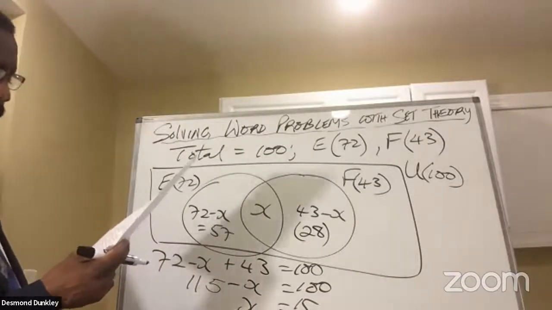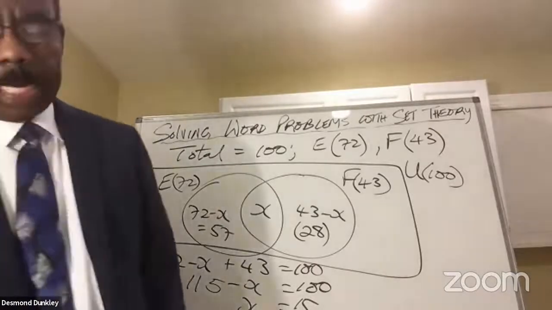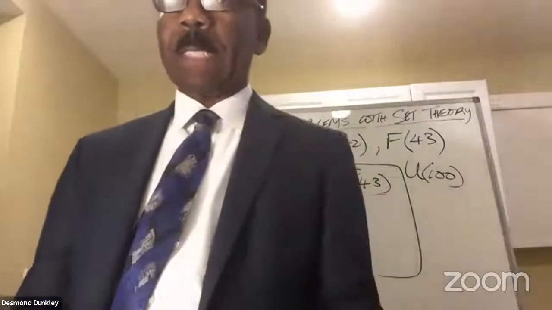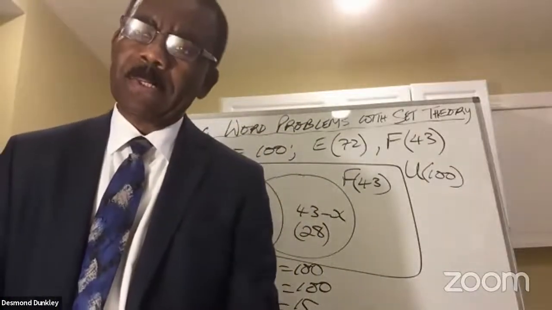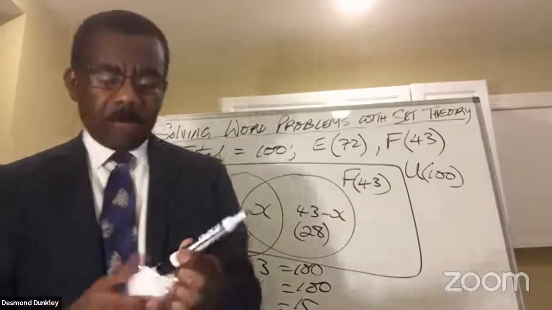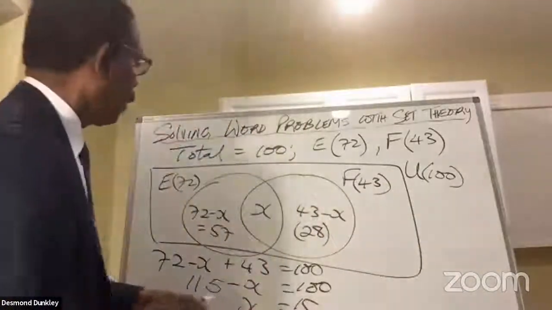And how many can speak both English and French? The answer is 15. Again, if we left the question strictly in words, it would have been much harder to solve, okay? I just want to finish up with a couple diagrams and also interpretation of the information.